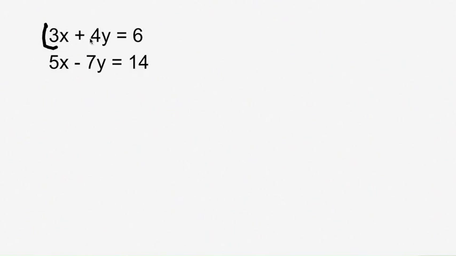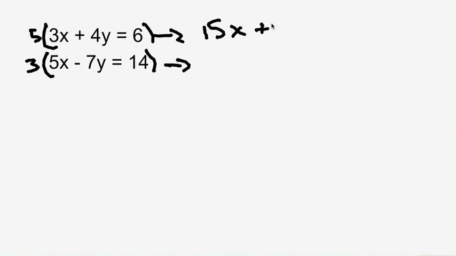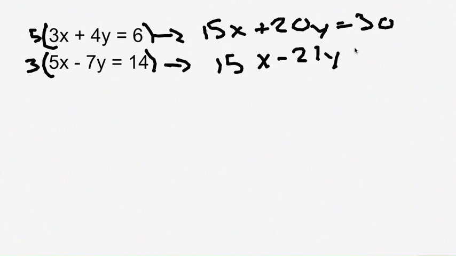So you want to multiply the first equation by 5 and the second equation by 3. If you multiply by 5, you'll get 15x plus 20y equals 30. And the second equation, you'll get 15x minus 21y equals 42.